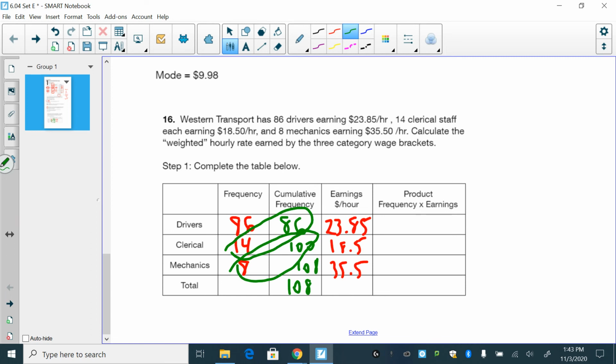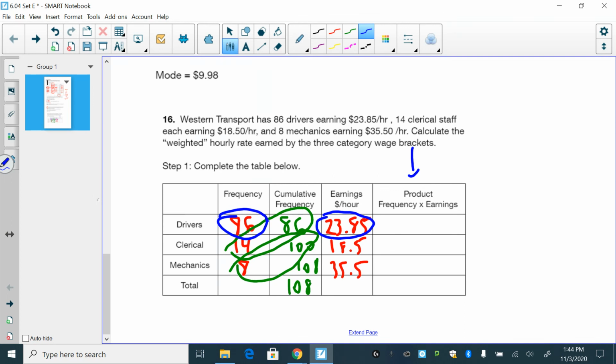Okay. Now, for product, remember what you're going to do. I'm doing this last column, you're just going to take the drivers. So I've got frequency, 86. I'm going to multiply it with the earnings. So if I do that first one, it would be 86 times 23.85. And so instead of adding 23.85 plus 23.85 plus 23.85, which is what we would have done in the old video, I can just multiply it.